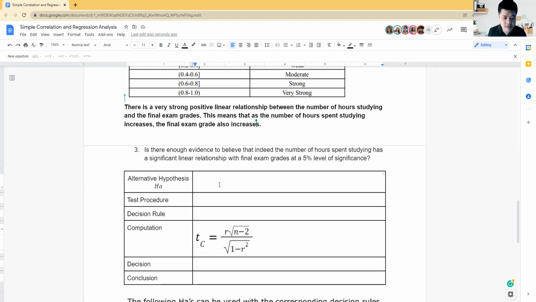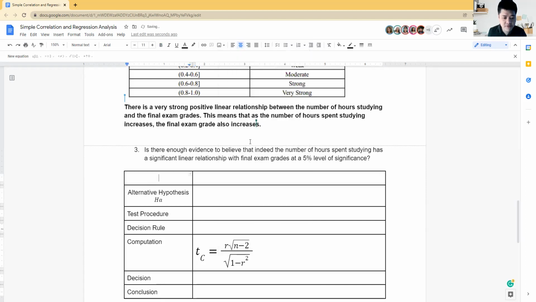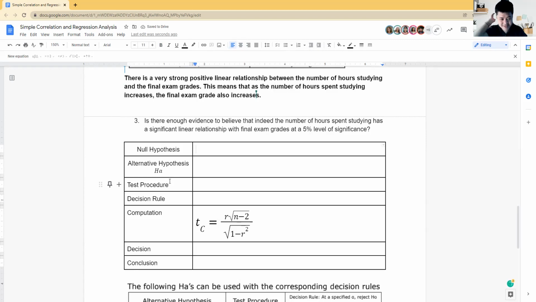So let me add a column above. So for the null hypothesis, can somebody please type it, key in the null hypothesis. There is no significant linear relationship between final exam grades and number of hours spent studying.